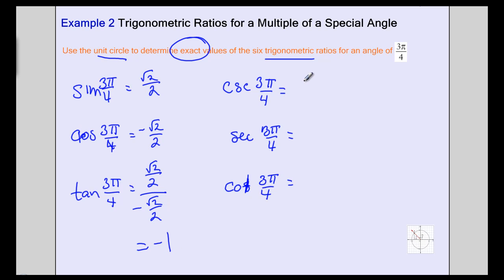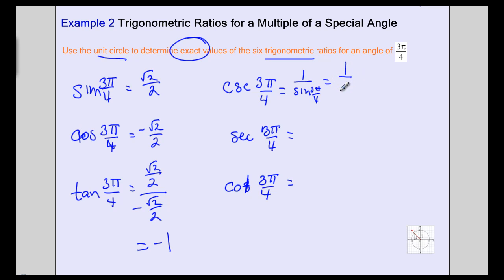Cosecant is the reciprocal of sine of 3 pi over 4, and we know that value.